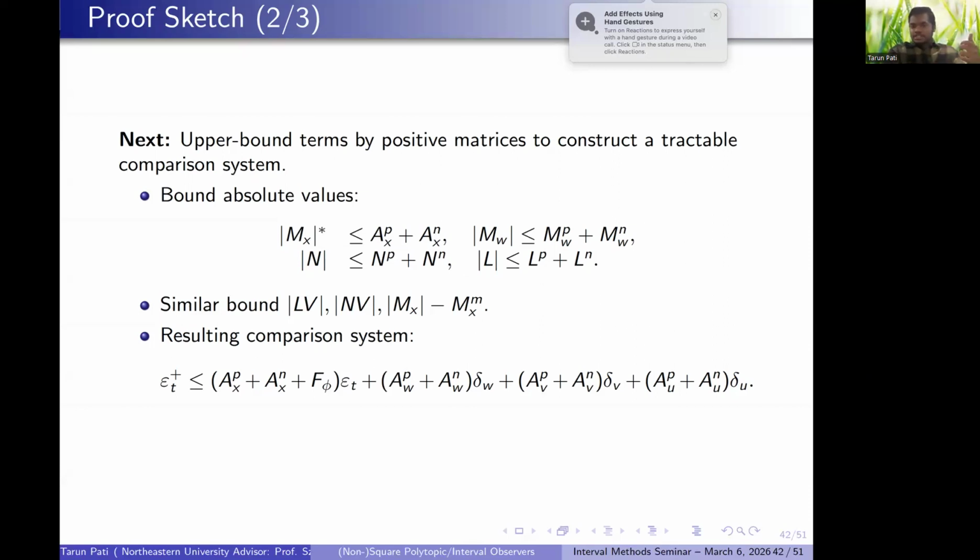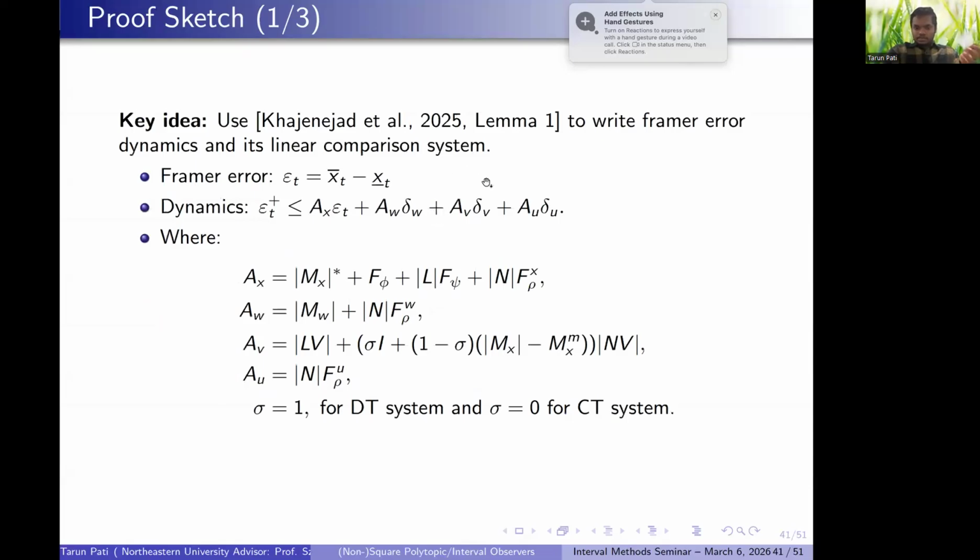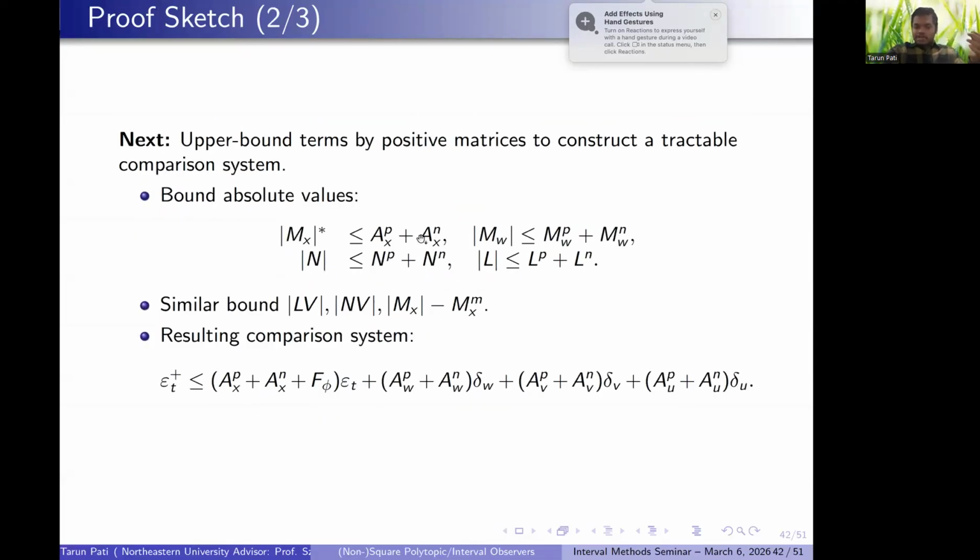And we use this trick to basically bound all the absolute value terms, or replace all the absolute value terms in our equation. So in this error dynamics, we have absolute value terms in all the matrices, right? And all these absolute value terms, we replace them with these linear terms.